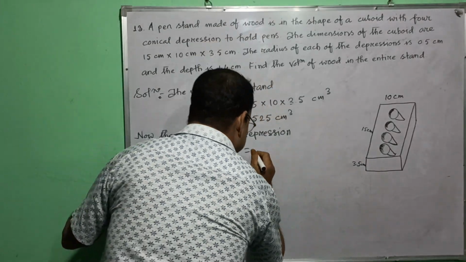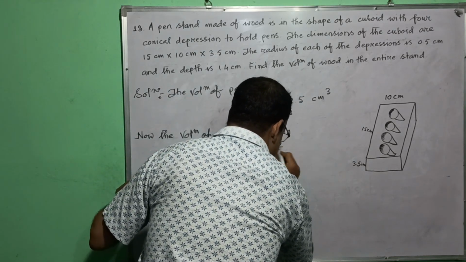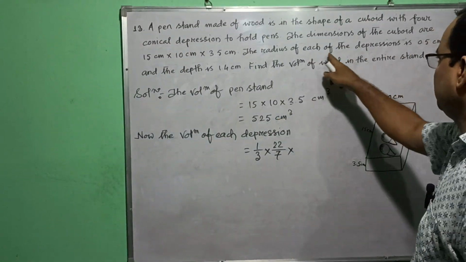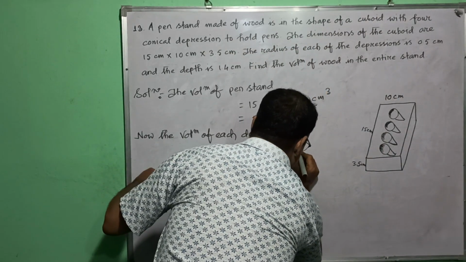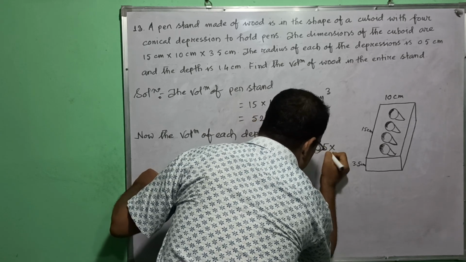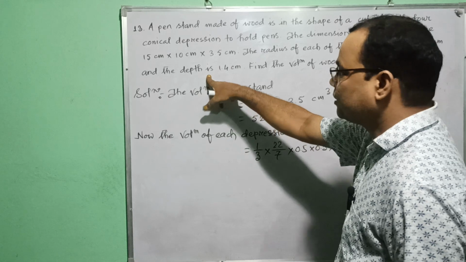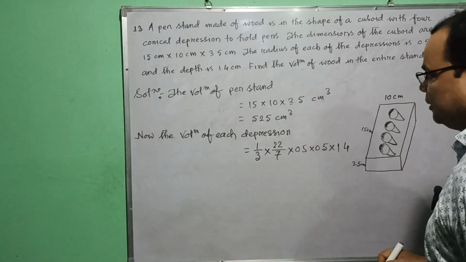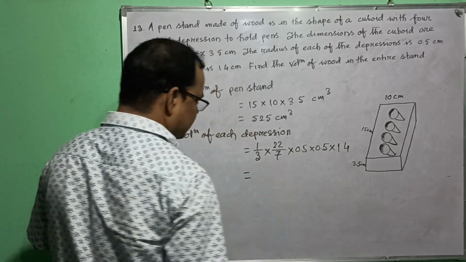So we'll write here 1 by 3 into 22 by 7 into radius. The radius of each depression is given as 0.5, so 0.5 into 0.5 into height. This depth of the depression we can use as height, so it is 1.4. This is the volume of each depression.